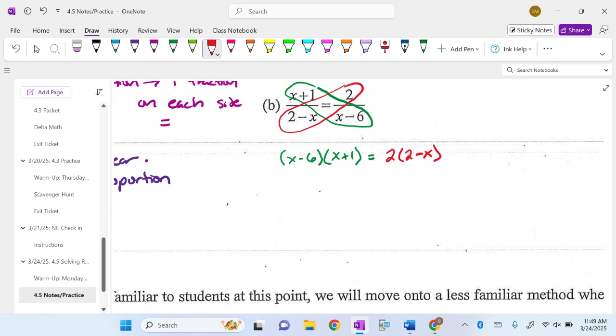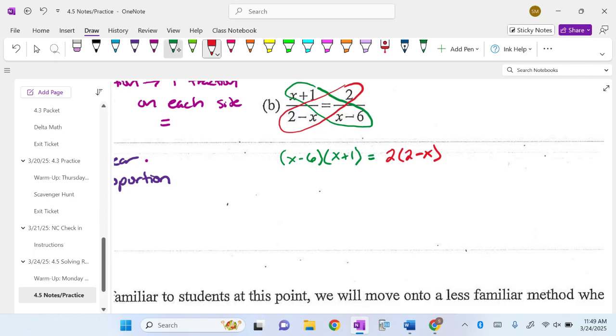So I just set up my equation. Now, judging from what this equation looks like, what type of equation do you think this is going to be? It's not going to be linear, but it's going to be another type of equation you should be fairly familiar with. It'll be quadratic.